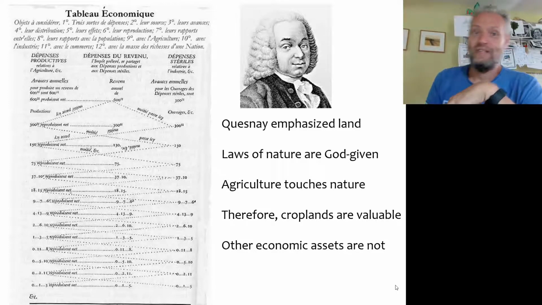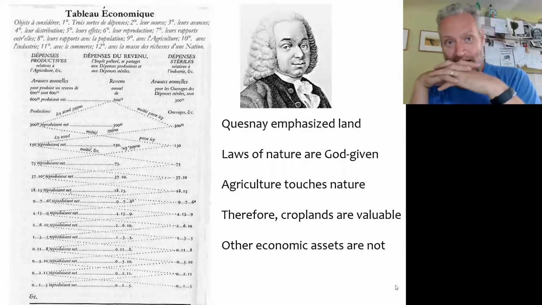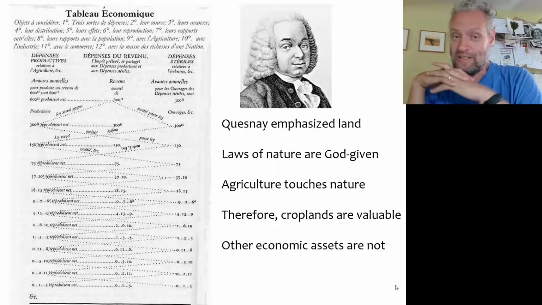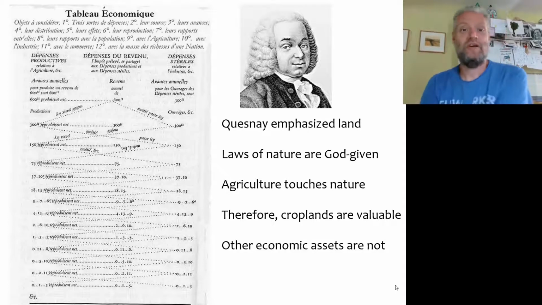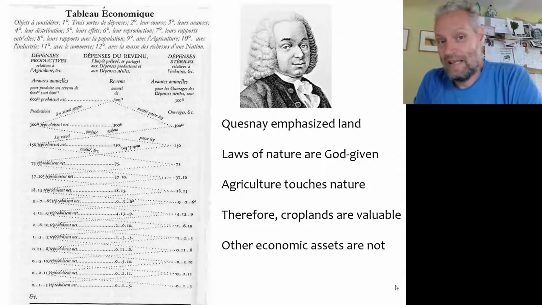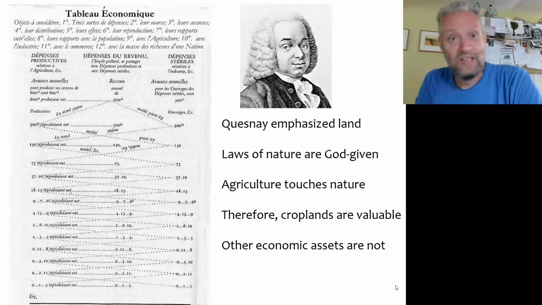The only thing that creates value is the land. That is what he argued. And this is not a strange thing to argue for somebody who is a landowner and works at the court of Louis XV, right?